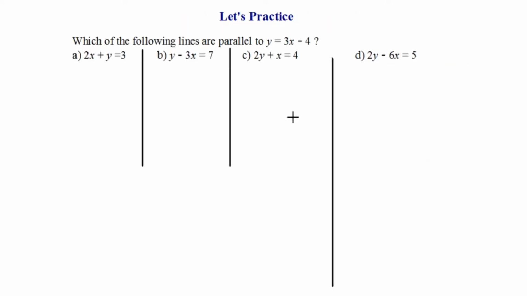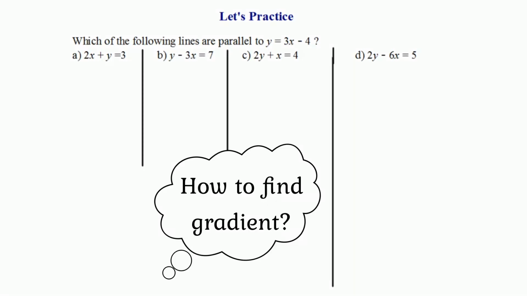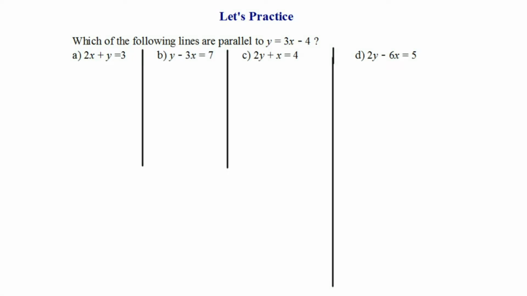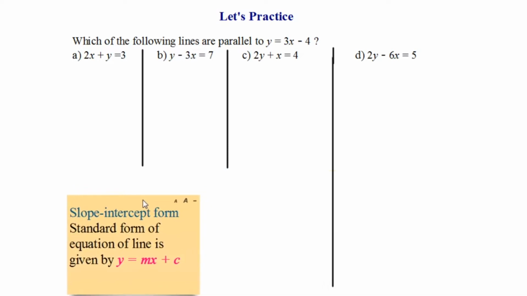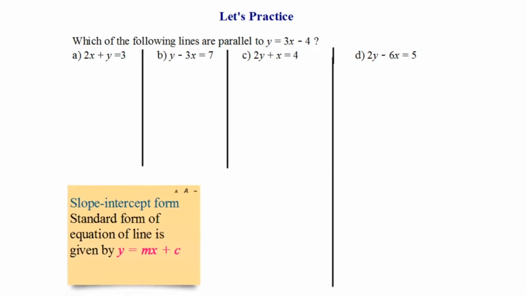Let's get started with some practice. Which of the following lines are parallel to y = 3x - 4? In order to figure out which of these lines are parallel to the given line, we need to determine the gradient of each line. How will you determine the gradient of each of these lines? We know that the slope-intercept form of the equation of a line is given by y = mx + c, where the coefficient of x, that is m, is the gradient of the line, right?